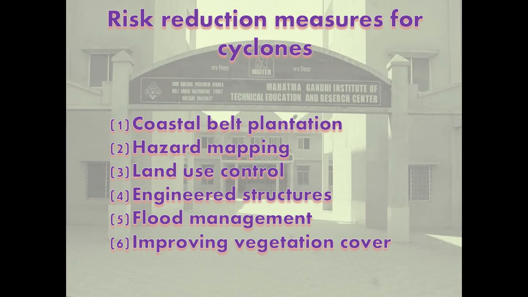Species chosen for this purpose should not only be able to withstand the impact of strong cyclonic winds, but also soil erosion. So these are a number of risk reduction measures for cyclones.